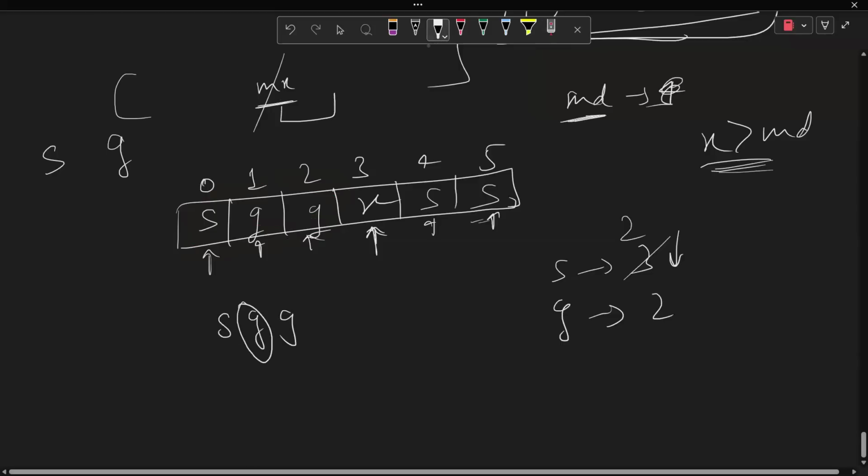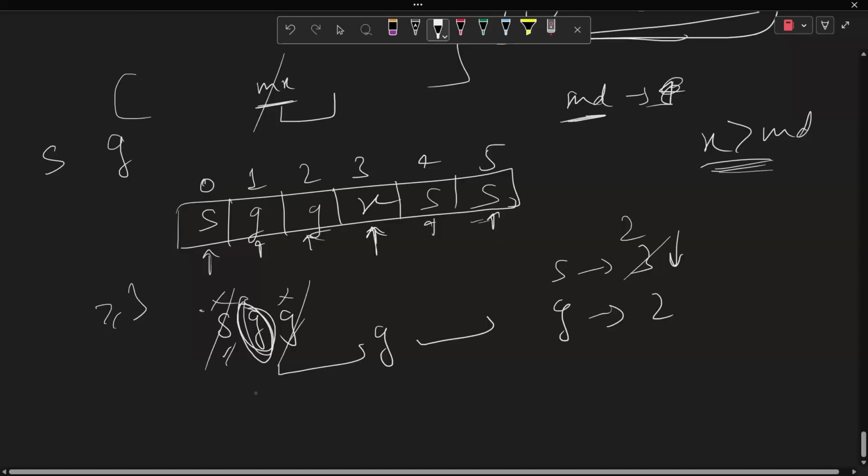So this G would remain and S and G would get removed. Whenever it's greater than or equal to three elements, one of the middle would remain and the rest would get removed. So if you are performing on this, one S would be removed, one G would be removed.